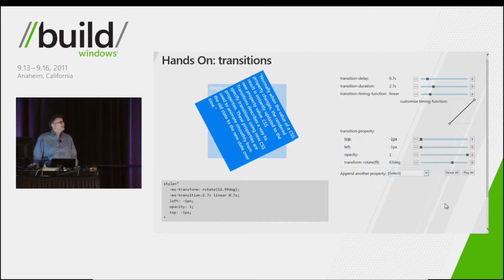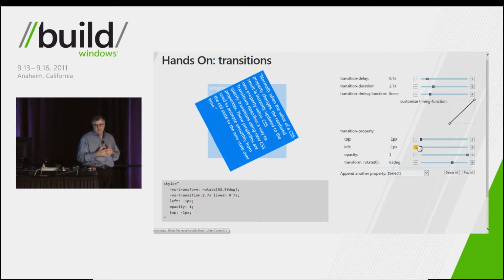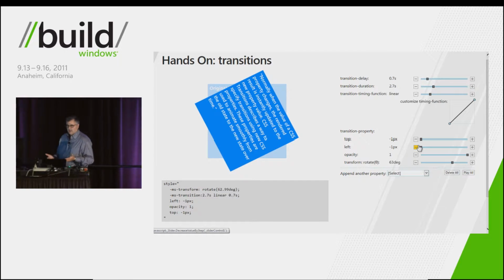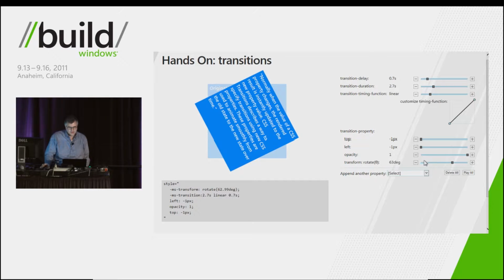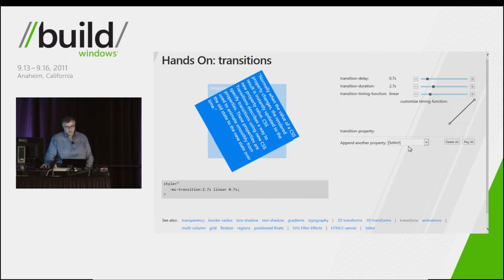I don't think it makes sense to transition transform origin, though it might in fact do that and move this slowly to a different place. I wrote these hands-on demos. My team did these features. You're trying to learn them because there's so many combinations as you see. So we create these. We're learning things all the time. We'll learn things here today. As I just think of, I should have put transform origin in here because I don't know if that actually transitions a change.